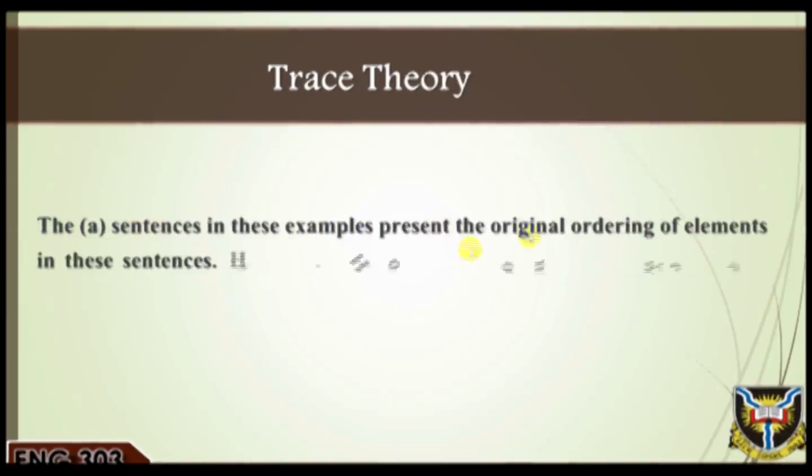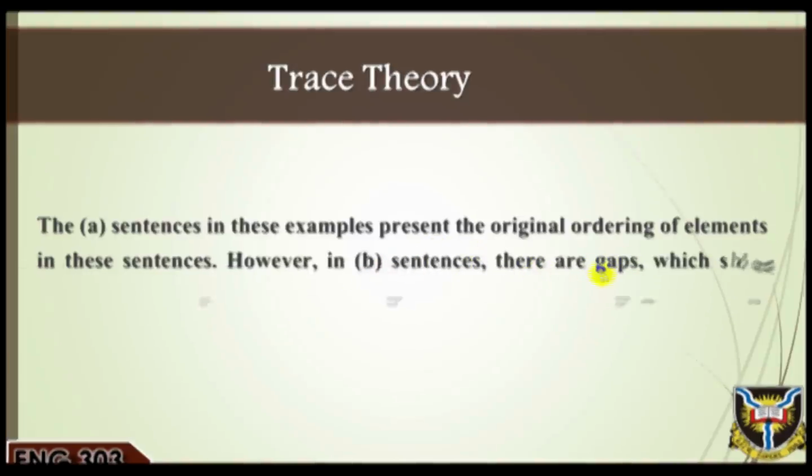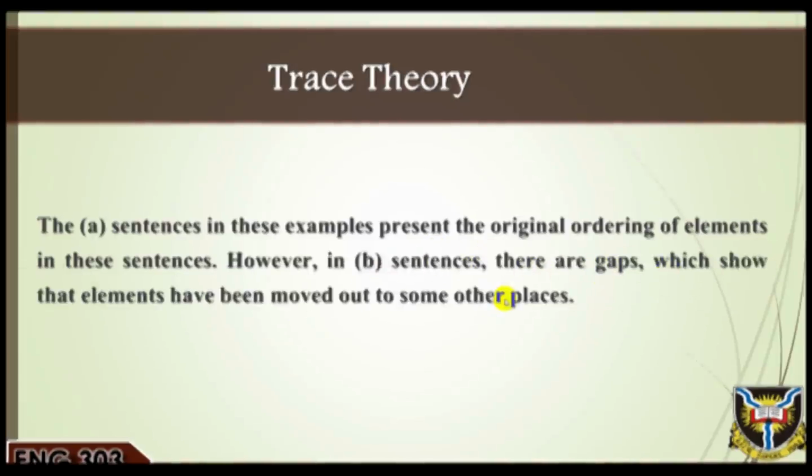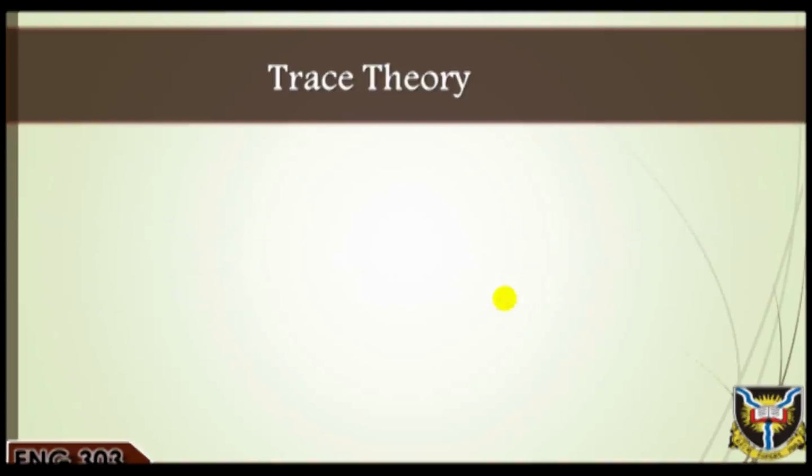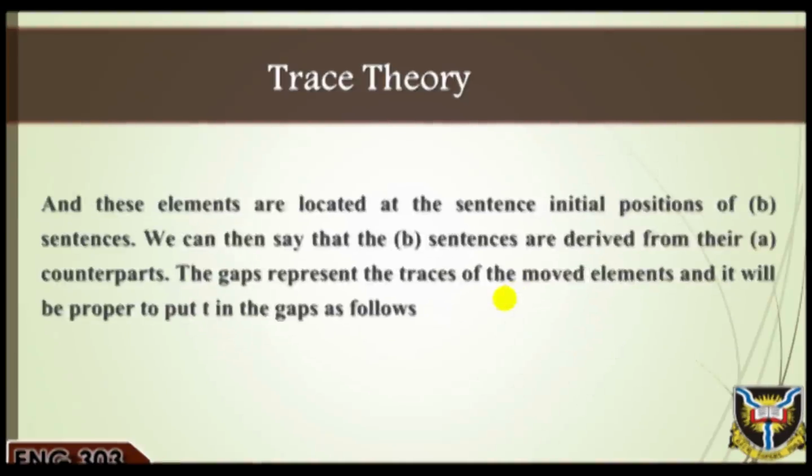However, in b sentences, there are gaps, which show that elements have been moved out to some other places, and these elements are located at the sentence initial positions of b sentences. We can then say that the b sentences are derived from their a counterparts.